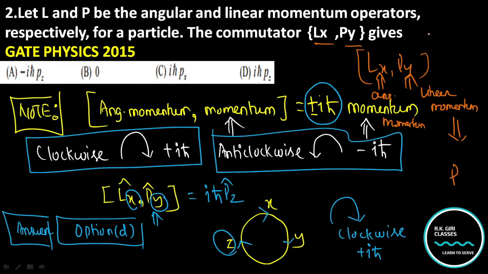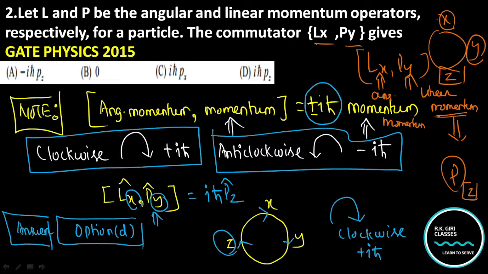Now find out the coordinate. This is x, y, z, starting from x reaching towards y, and the result will be z. So the commutator of angular momentum with linear momentum gives linear momentum, and the coordinate will be z, because at the end the z is the rest.